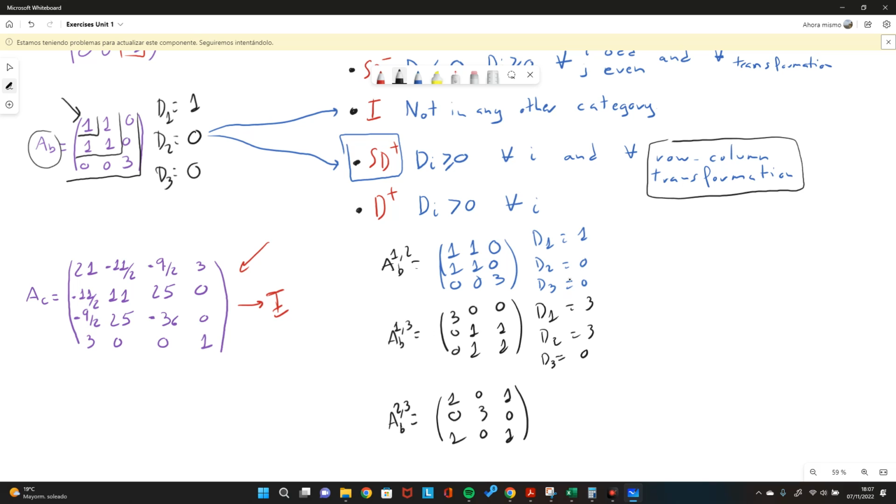Look that all of these matrices are symmetric because the first one was also symmetric. Okay. In this case, D1 is 1, D2 is 3, and D3 is 0. And so, yes, this matrix and the quadratic form associated to it is positive semi-definite. And well, that is all, guys, I hope this is helpful, and I'll see you in class.